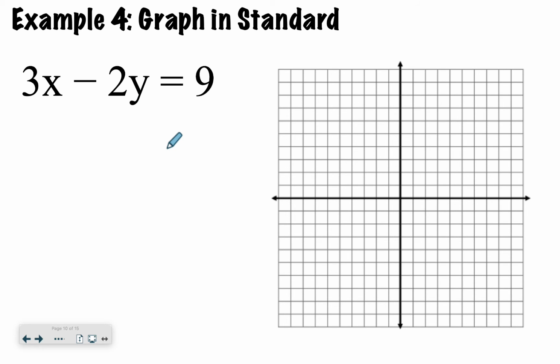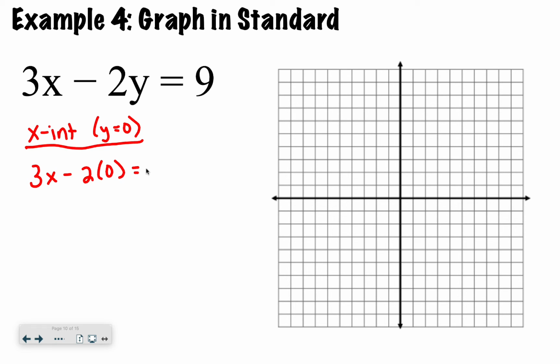All right, now let's look at how do we graph from standard form. So this is going to feel kind of similar to what we did last chapter with the intercepts. So you actually graph in standard form using the intercepts. So if I'm solving for the x-intercept, remember that's when y equals 0. So I'd say 3x minus 2 times 0 equals 9.